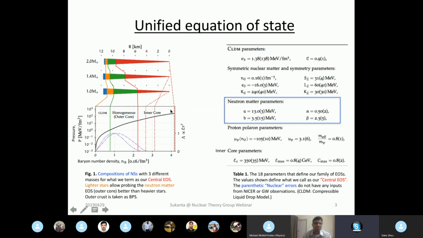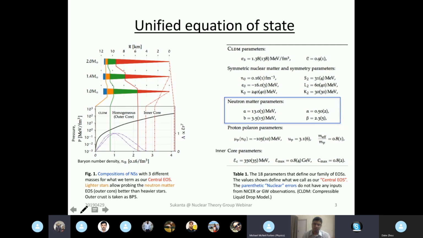So those parameters you have used inside the inner core, first of all, how do you probe them? In a way, you can parameterize them in whatever way you want, but to probe them, what is the way? And if you just use the uniform matter till the center of the star, will your result change by a drastic amount?